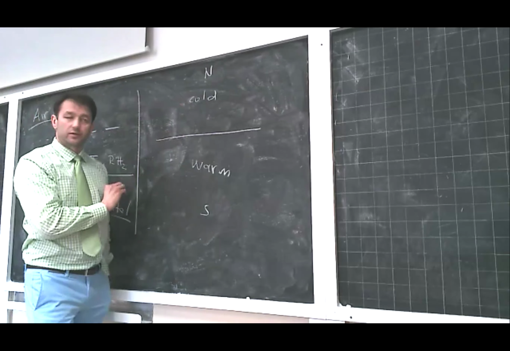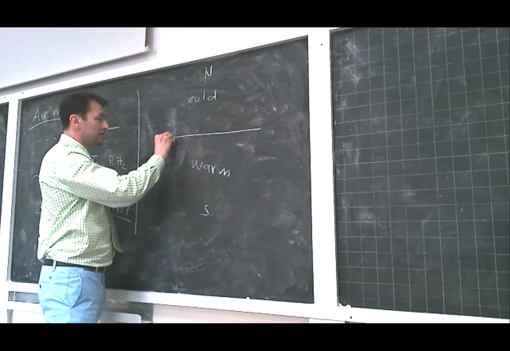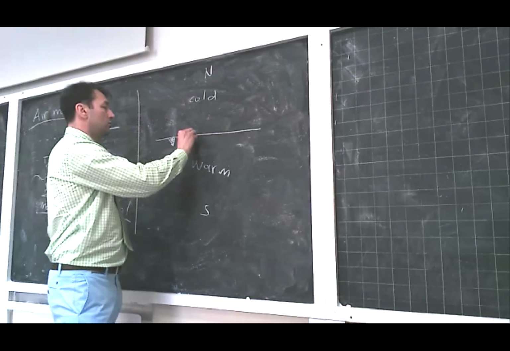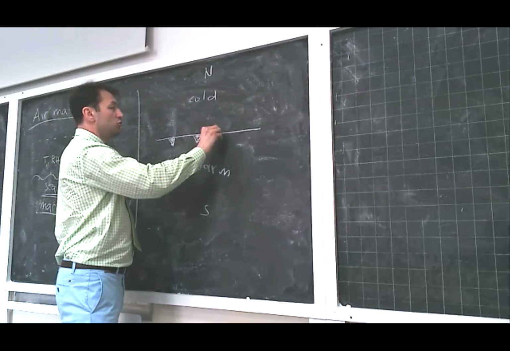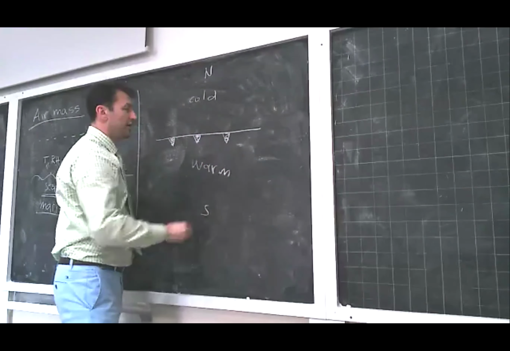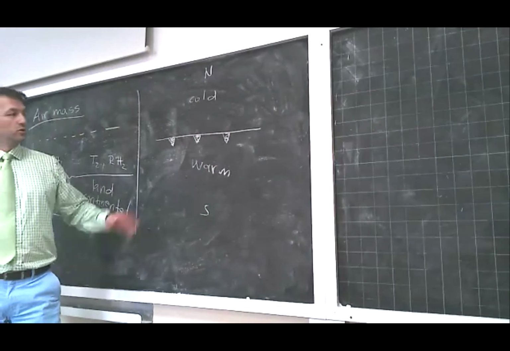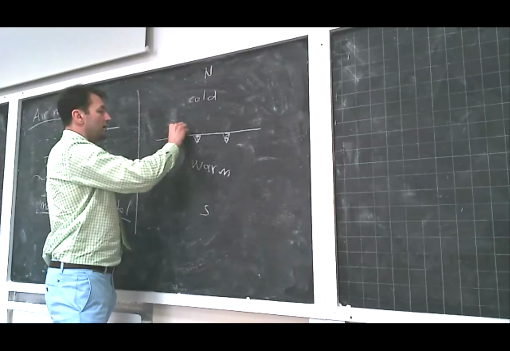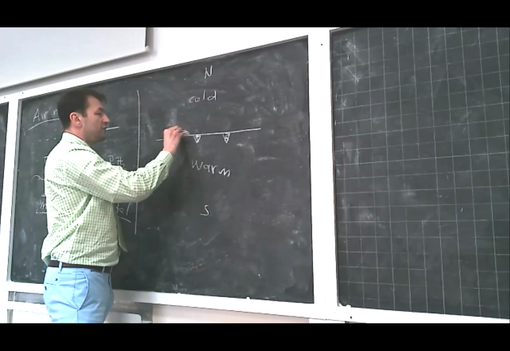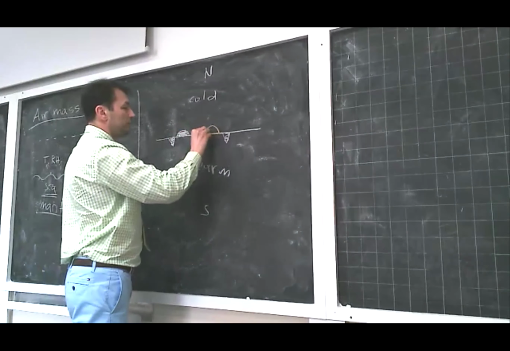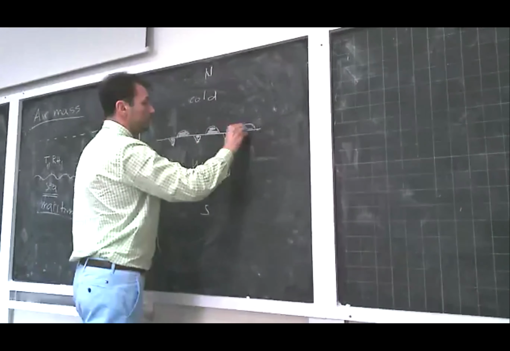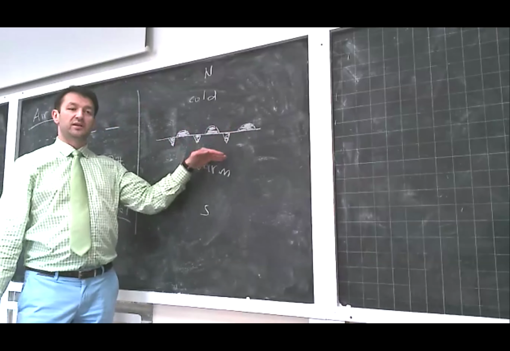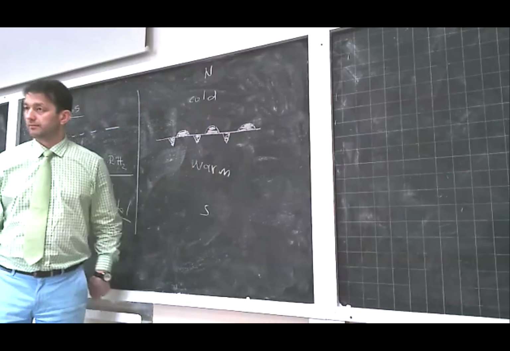So a cold front is represented with triangles pointing away from cold air, like so. These should be blue triangles, but I don't have blue chalk here. A warm front would be hemispheres, half of a circle, painted in red, and these half circles are pointing away from the warm air.